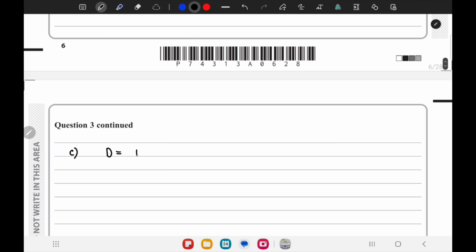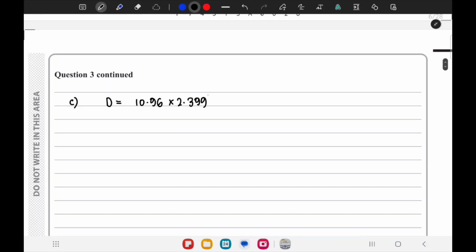So D equals 10.96 times 2.399 to the power 12. So the value we'll get is 398,266, which is greater than 350,000.